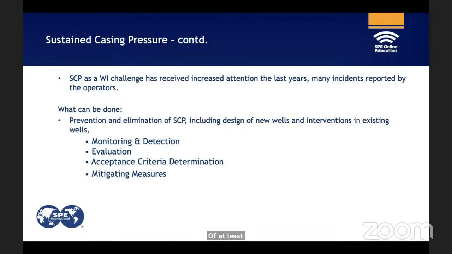And some of the wells which are gas lifted have to be continuously monitored through a real-time monitoring system. We have to evaluate those annulus pressures and determine what level of annulus pressure we can sustain in terms of the operating limit. And then if we see any pressure, there have to be mitigation measures to reduce the pressure and reduce the impact, which might eventually cause failure in the near future.